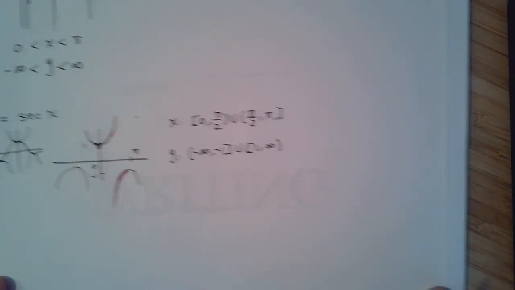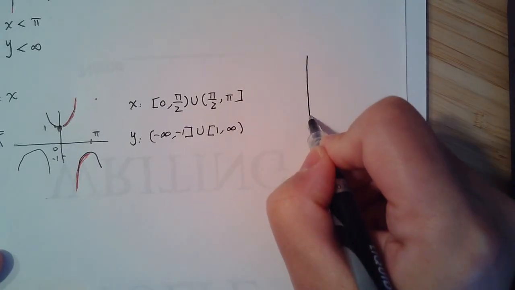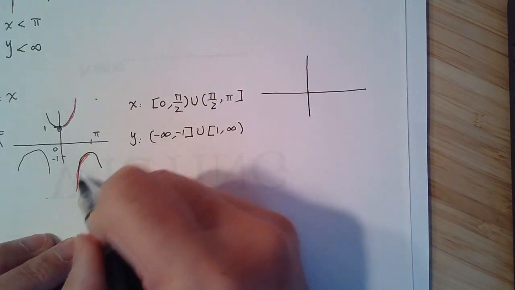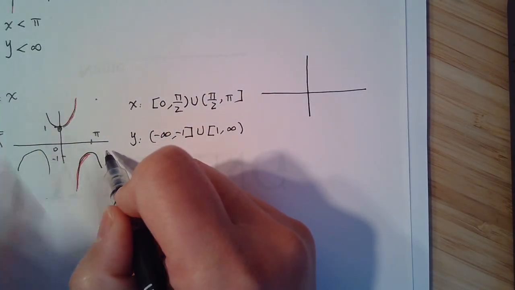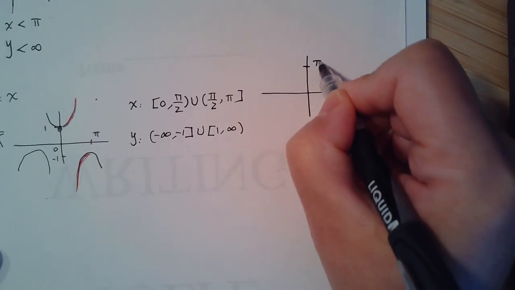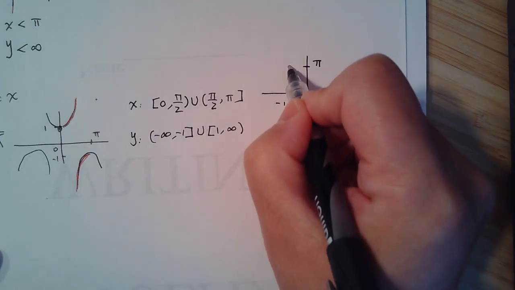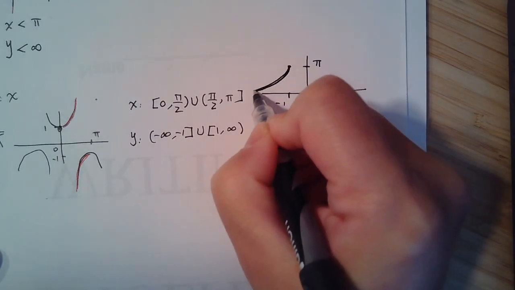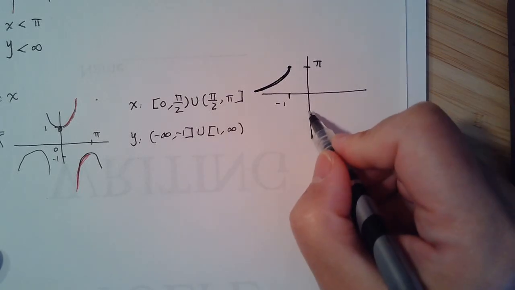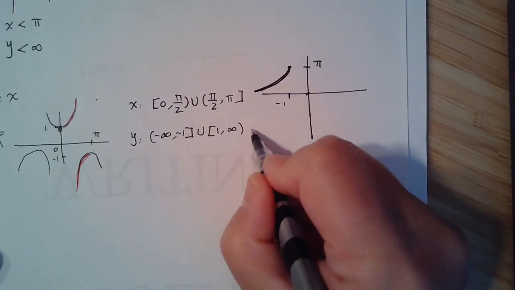This is this part. Now the tricky part comes when you flip it. When you flip that, you get something looking like this, you get it over there. I know it's not easy. So here is a pi, and here is a -1, so you get this, and then this is a pi over 2.